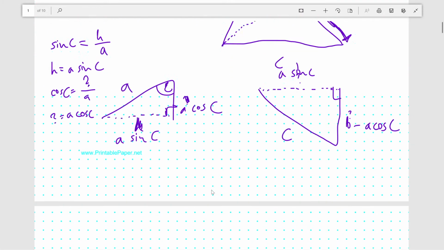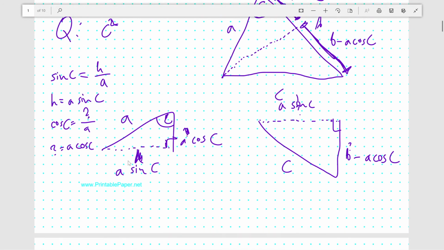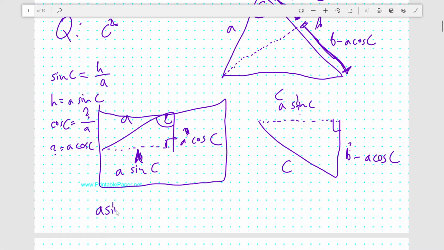But the thing is, if you look back to our original triangle over here, using Pythagoras' theorem, we get that a sine c squared plus a cosine c squared must be equal to a squared, because the sum of the squares of the two sides of this right-angled triangle is going to be equal to the square of the hypotenuse.